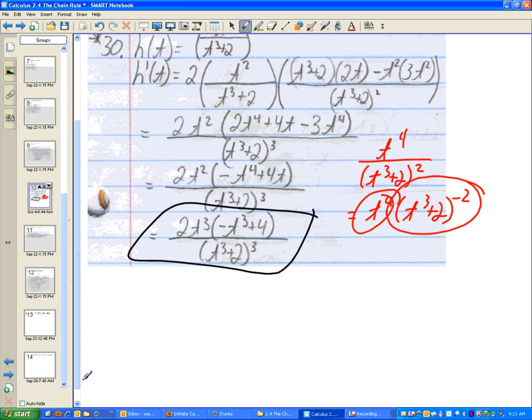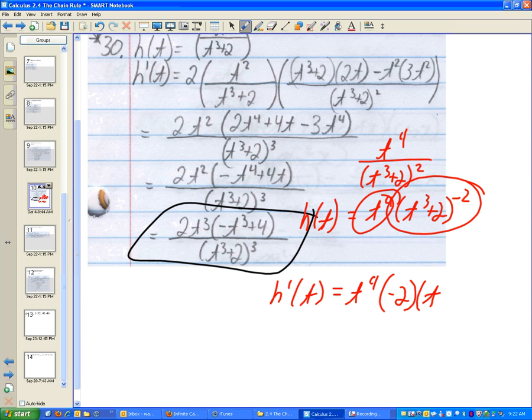I mean, look, here's what I would do. If that's my h of t, what I would do next, I'll say h prime of t equals the first function times the derivative of the second. That'd be negative 2 times t cubed plus 2 to the negative 3 times the derivative of u. All right?